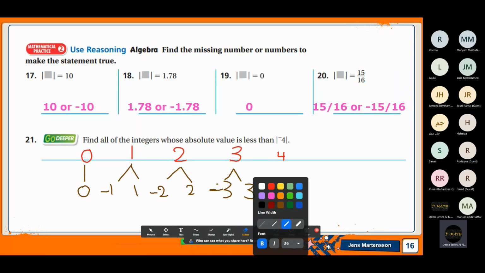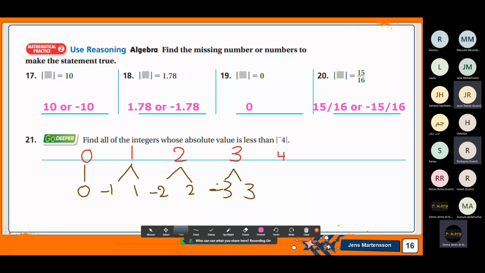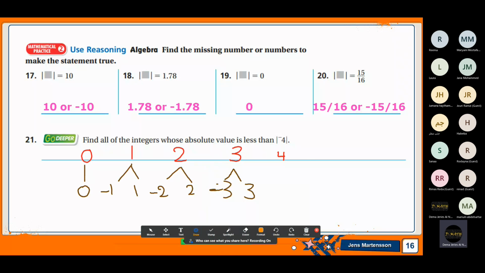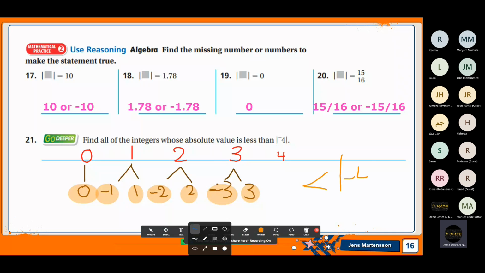So what are the numbers whose absolute value is less than 4? 0, -1, 1, -2, 2, -3, and 3. All of these numbers, if you find their absolute value, it's less than the absolute value of -4.